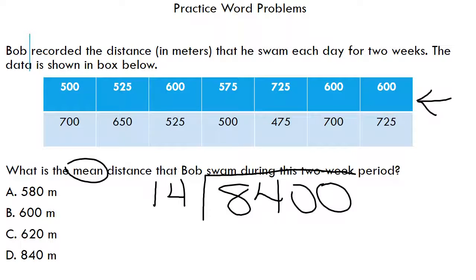I'm going to give you time to divide that out. Okay, so when we take 8,400 and divide it by 14, what do we get? 600 is correct.